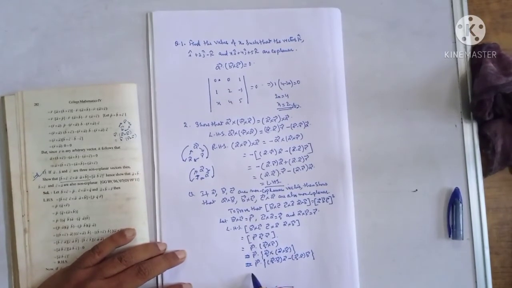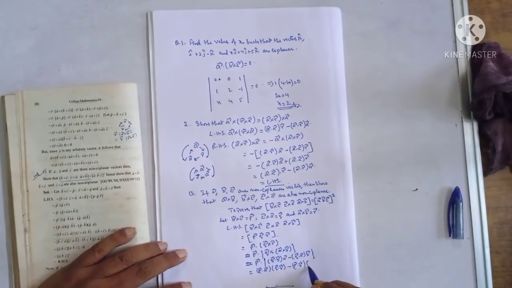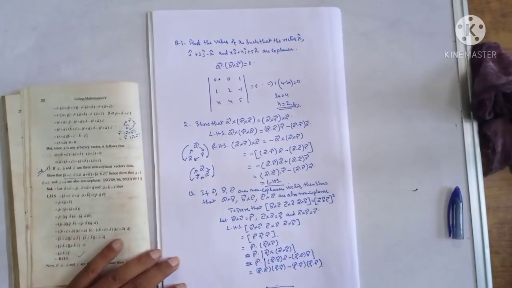So this again you can write as P vector dot A vector, Q vector dot B vector, P vector dot B vector, Q vector dot A vector. You can write like this.